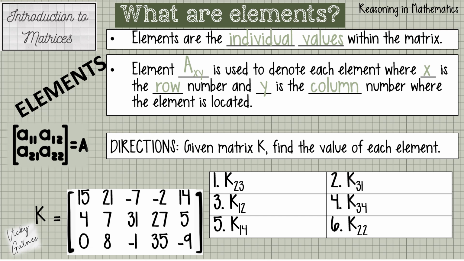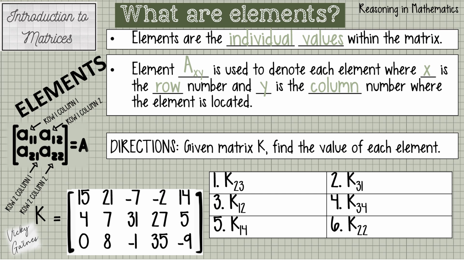So here's the little matrix A, and the elements are labeled with where they are located. A sub 1,1 is row 1, column 1. A sub 1,2 is row 1, column 2. A sub 2,1 is row 2, column 1, and A sub 2,2 is row 2, column 2.